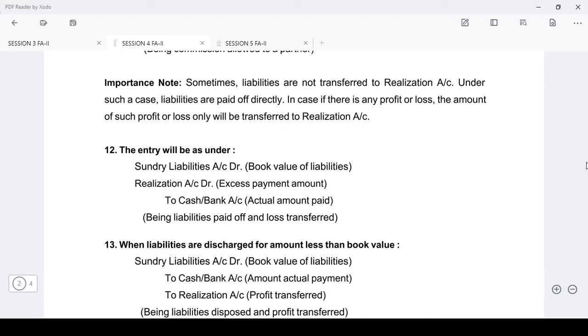Remember, sometimes instead of transferring a liability to realization and going for payment of it, we directly pay the liabilities. If you go for payment of liabilities directly, then if there is a profit or loss on such payment, only that entry should be passed in the realization account.